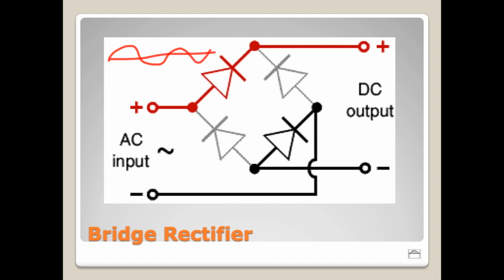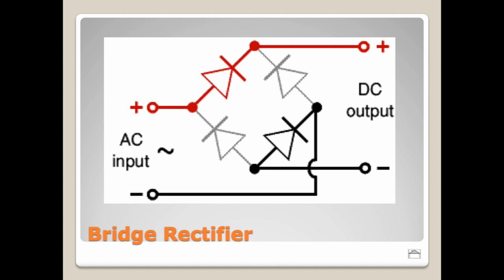This bridge rectifier is taking all of this and flipping it up, making it all positive. Now, it's not quite a straight line yet, and that's an important observation. It's not really DC yet, but this is a very important step that gets us there.